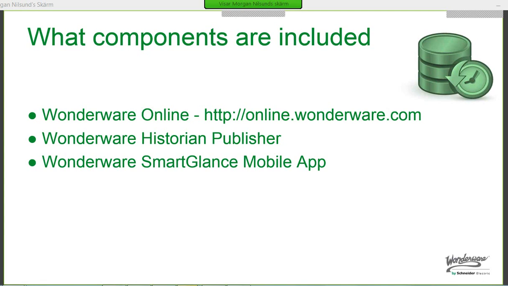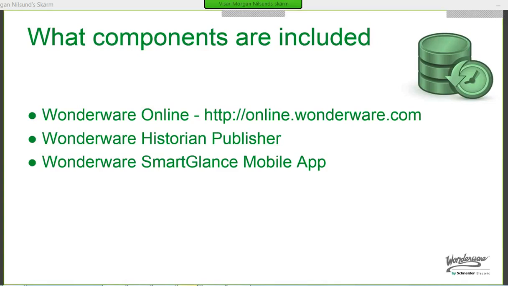The Wonderware Smart Glance mobile app is a native mobile application to view real-time data from both an on-premises data source and online data source, such as Wonderware Online, across mobile devices and form factors.